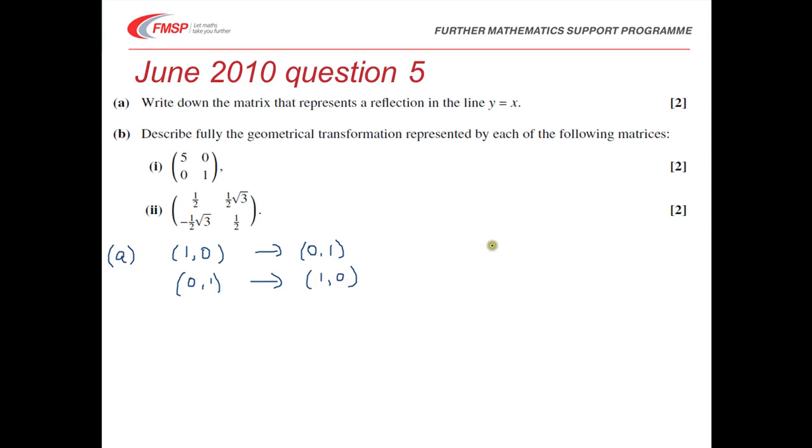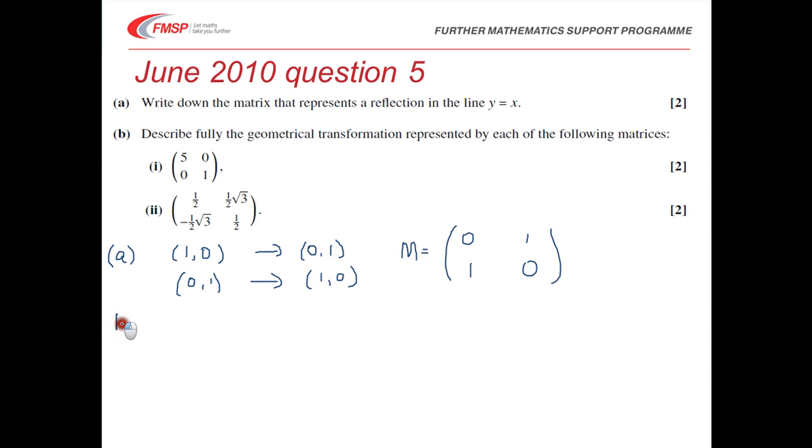So in terms of our matrices, the first column of your identity matrix, which is 1, 0, will become 0, 1, and the second column, which was 0, 1, will become 1, 0. And so this is the matrix that we need. I'll call it M.